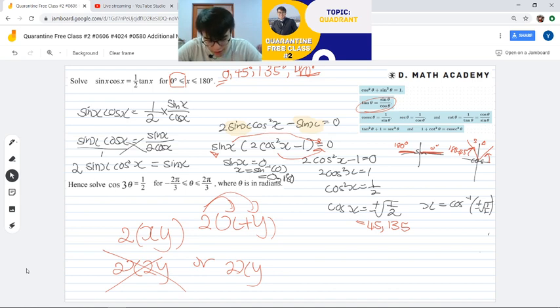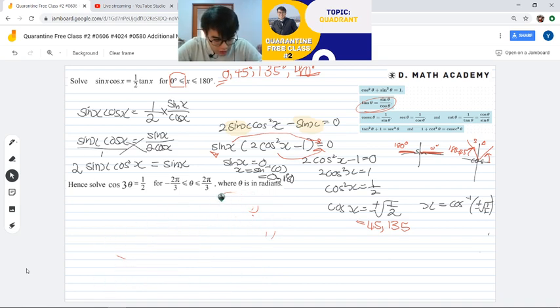So those who's ready, please try the next question, and do take note that we have 3 theta over here. Okay, which means your range has now been changed.